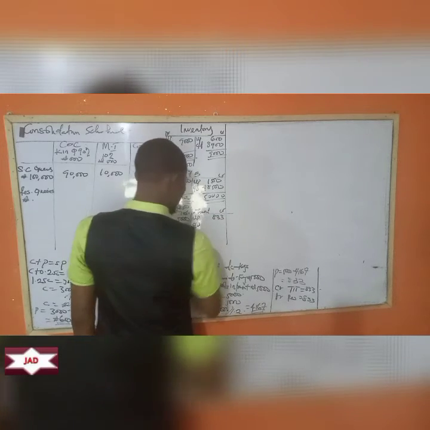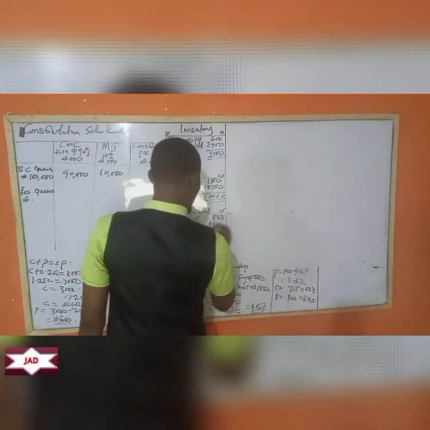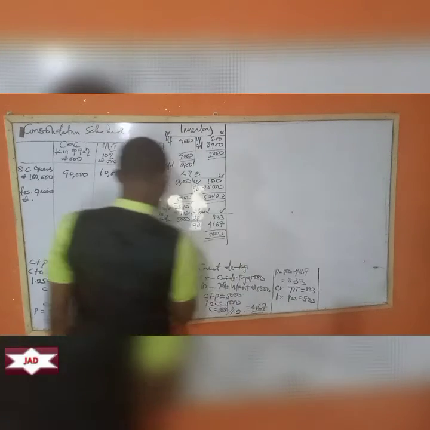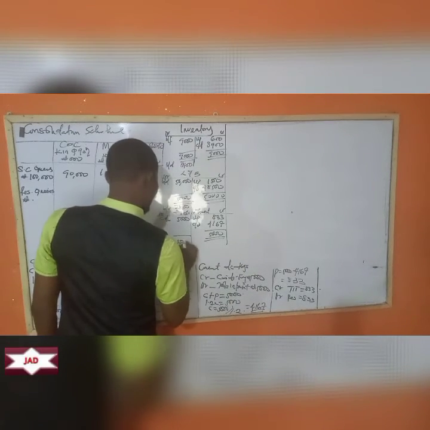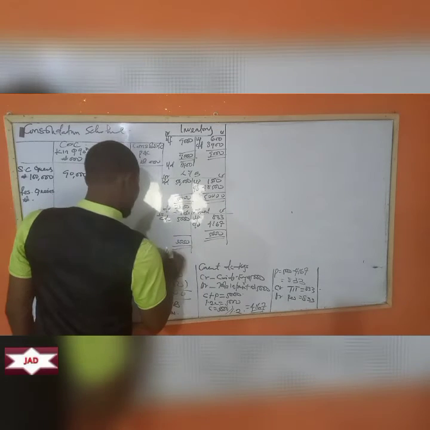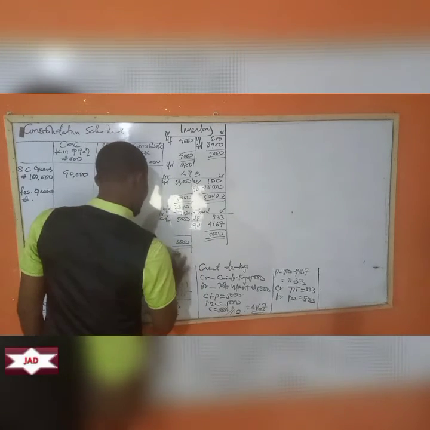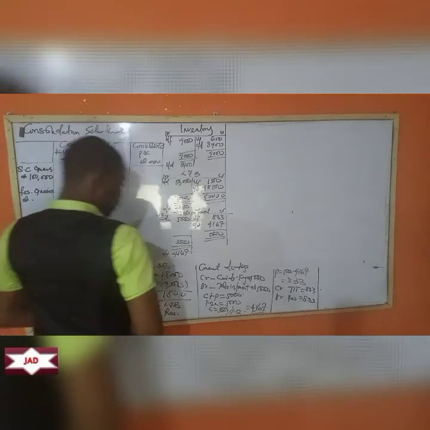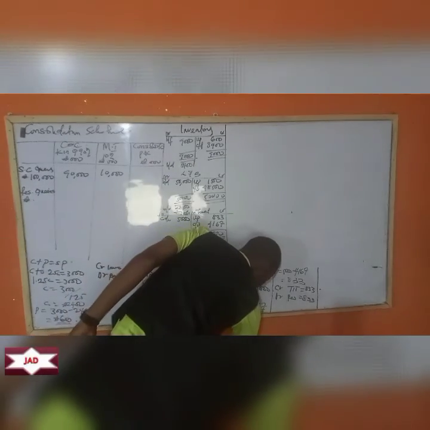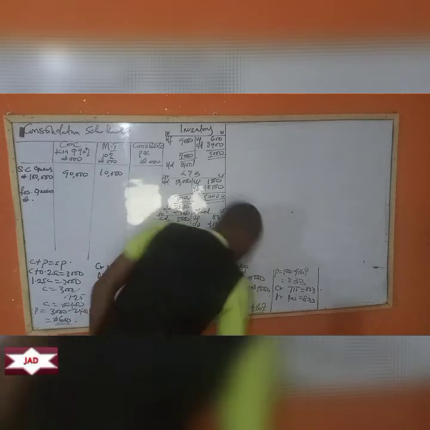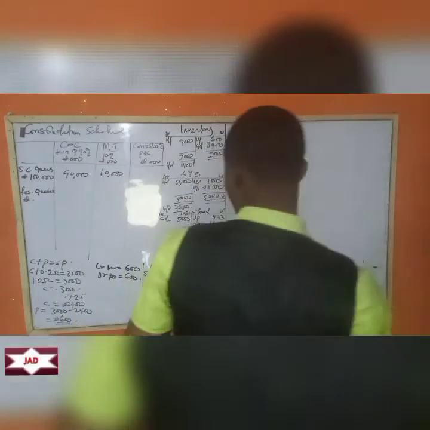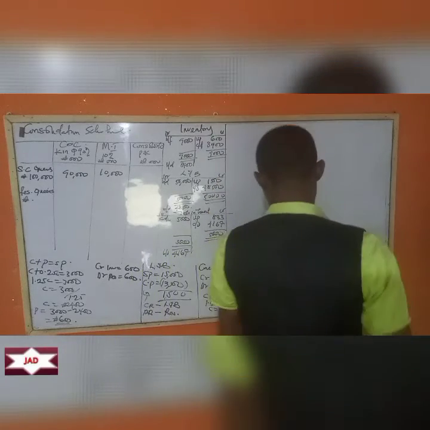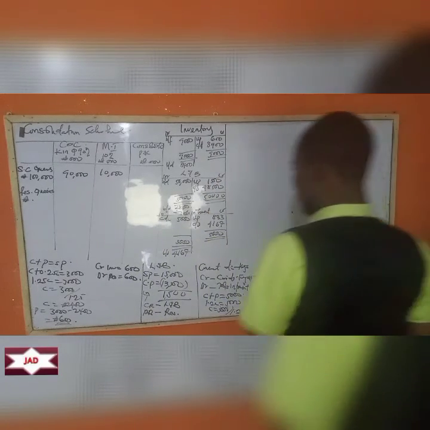So we have a carry down of 4,167. The new balance here is 4,167, so the tools in transit is 4,167 based on cost. So we've done inventory, land and building, current accounts, and tools in transit.